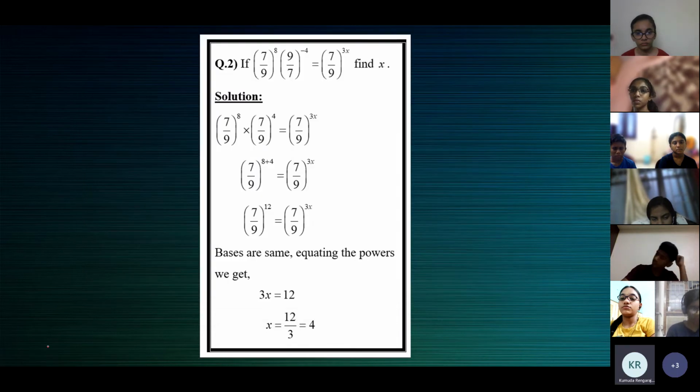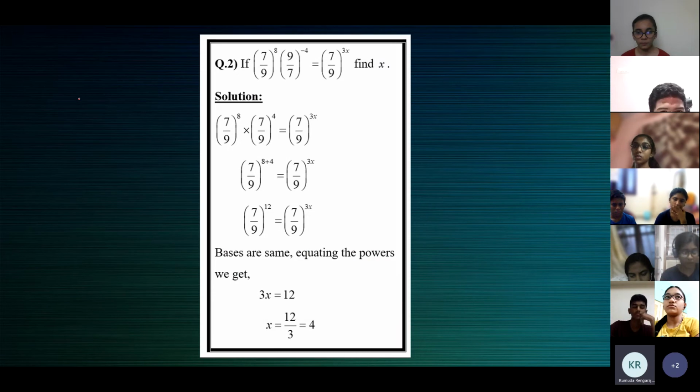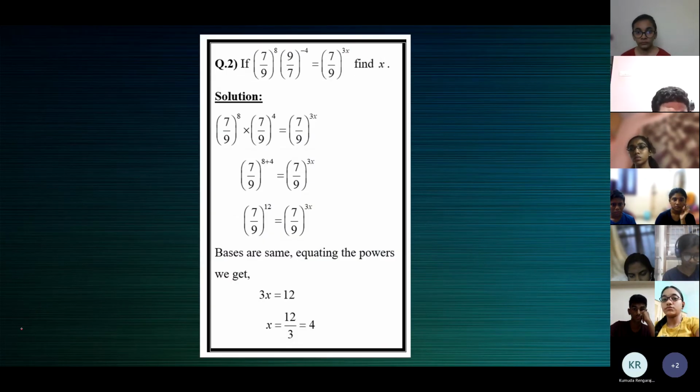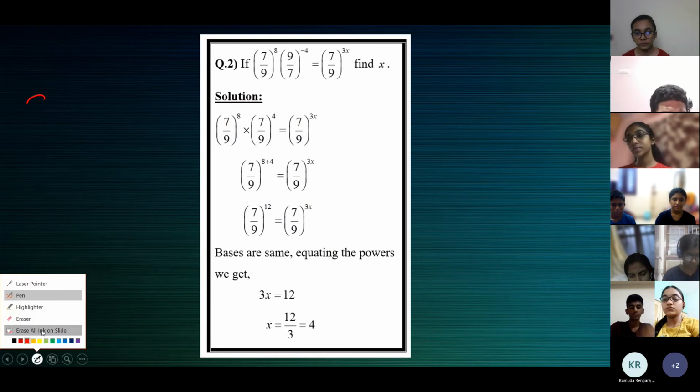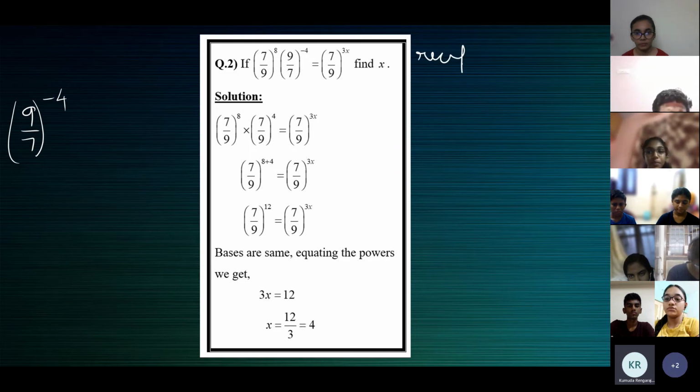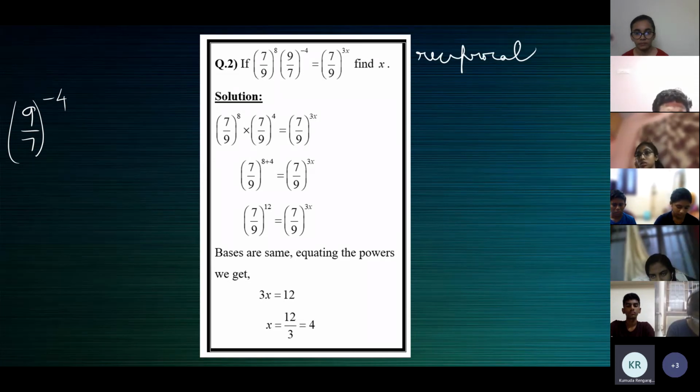Now, supposing we have the same thing, 9 by 7, the whole power minus 4. What are the two lines we have to remember? Reciprocal of the base, and negative of the power.